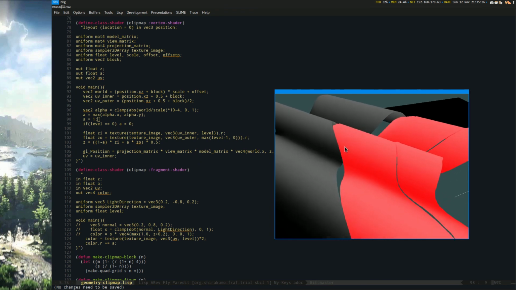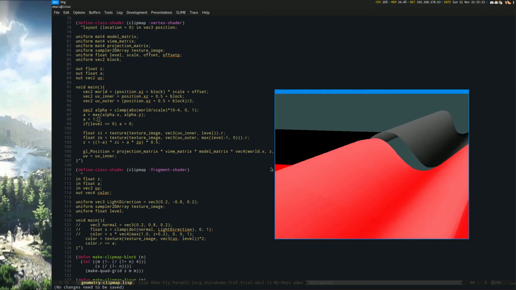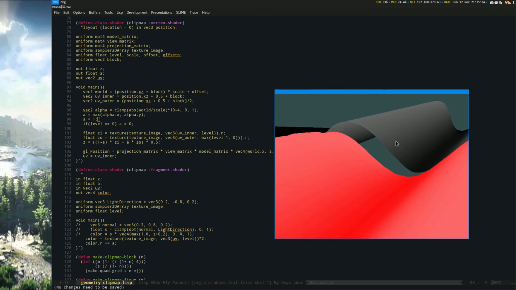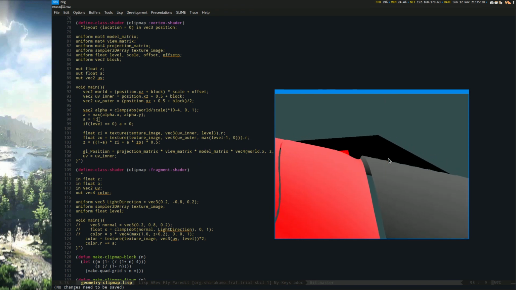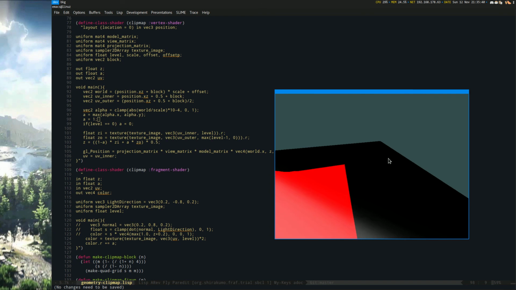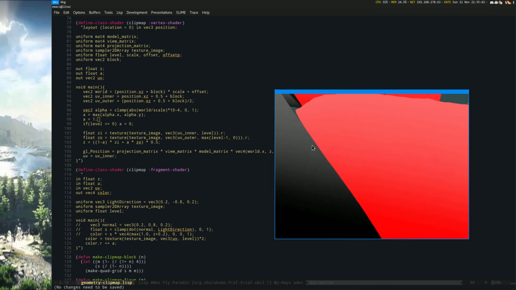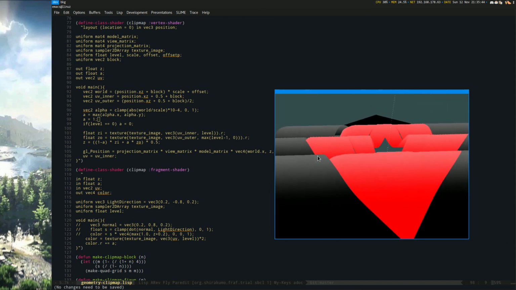So, why is that falloff happening here? It's happening here too. Like you see, where it's curving downwards. Why is that happening? How is that happening? Oh boy.